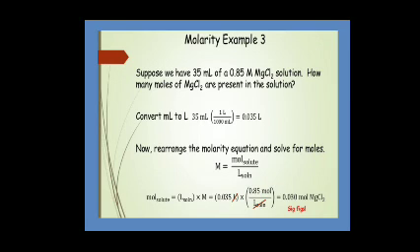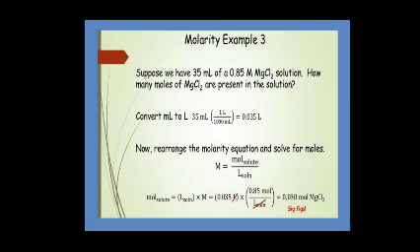Calculate the number of moles of solute, small n. Molarity M is equal to small n by volume of solution in liters. Therefore, number of moles is equal to molarity into volume of solution in liters.